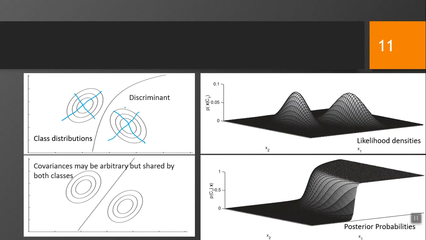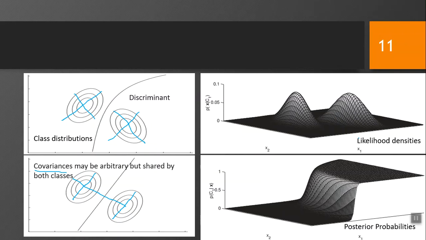Their distributions are somehow different, but here the covariances may be arbitrary but shared by both classes. If covariances are shared by both classes, the variances along both dimensions become equal, and then our analysis becomes easier.